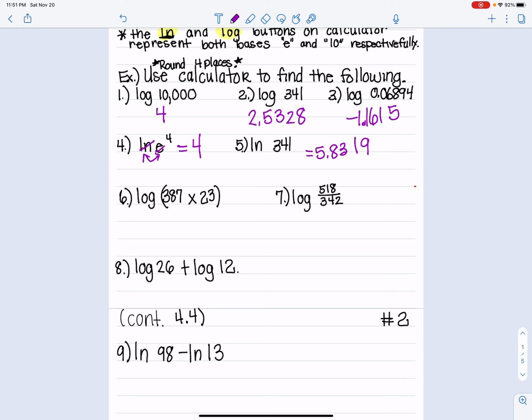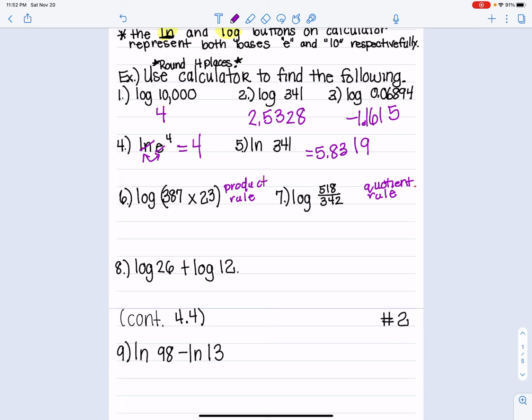Yep. Now, number 6 and 7, you all. I gave these for a reason, because you have to be able to recognize them. These are the rules that I taught you in 4.3. Remember the product, power, and quotient rules. It's one of these, okay? This one has multiplication, so this is the product rule. Number 7 has division, so this is the quotient rule. Remember that with logarithms, we can take a product and separate it with addition.